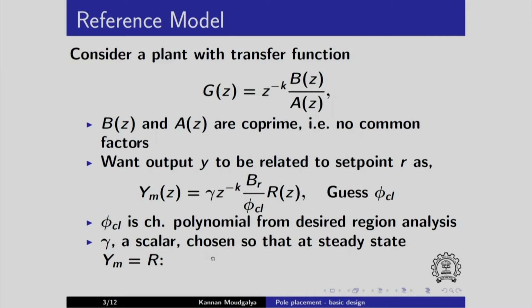What does it mean? It means this transfer function should be 1 at steady state. In other words, this gamma should be the reciprocal of this at z equals 1, because at z equals 1 you don't have to worry about this. It is just the reciprocal of this factor, so we get this term.